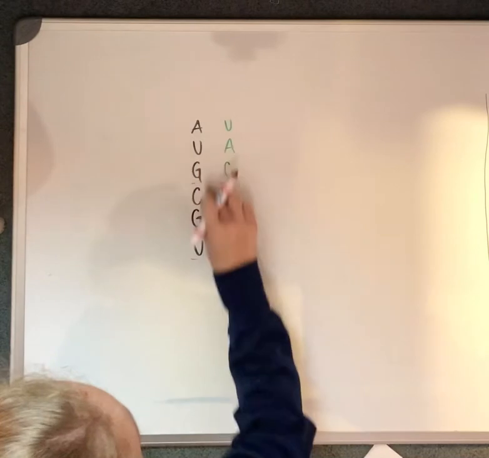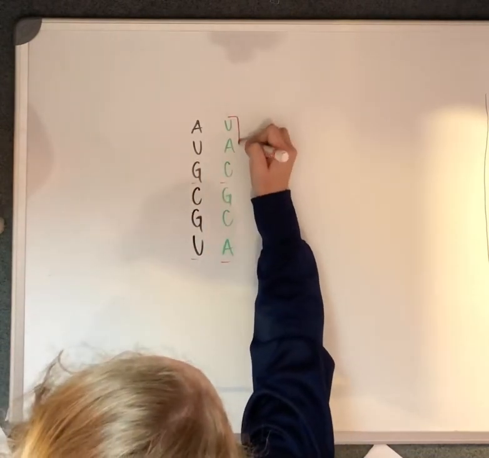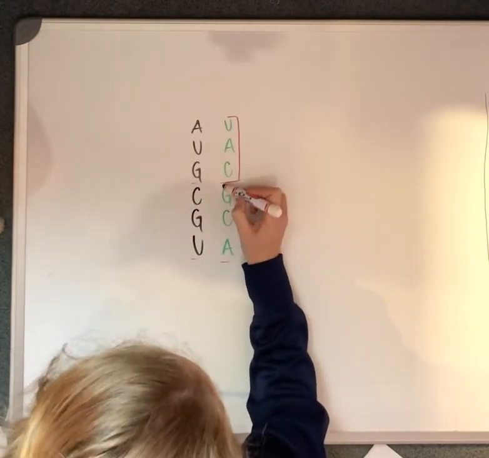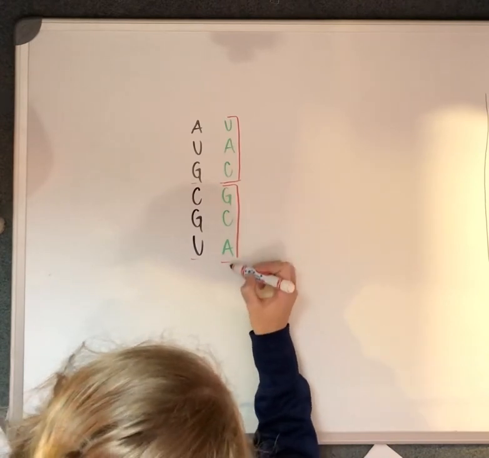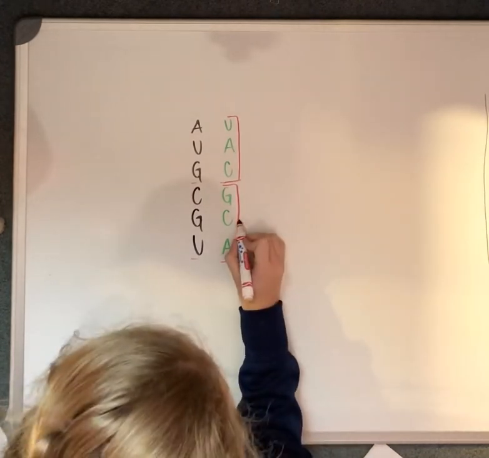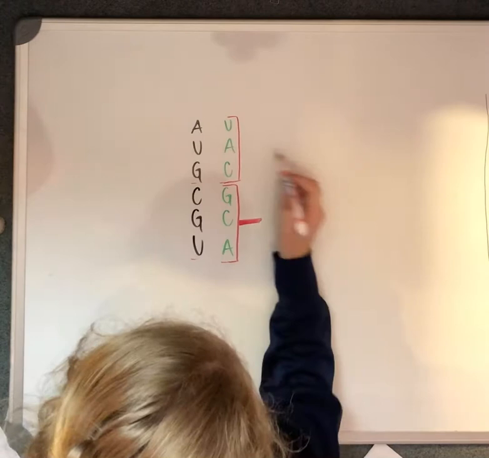These are the anticodons, these are the codons. This is made up of tRNA, or makes up tRNA. And this brings in an amino acid.